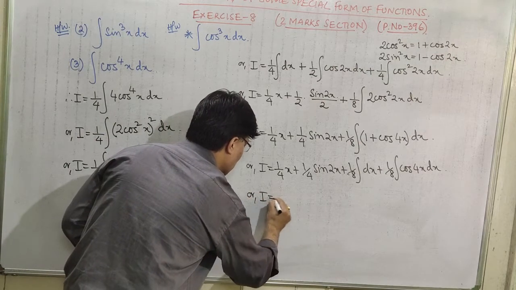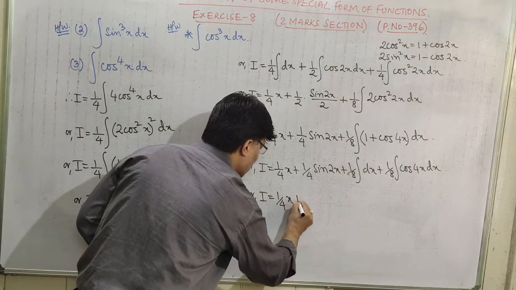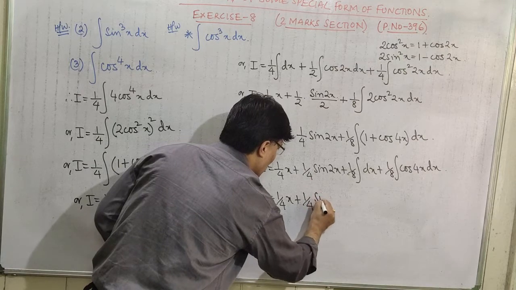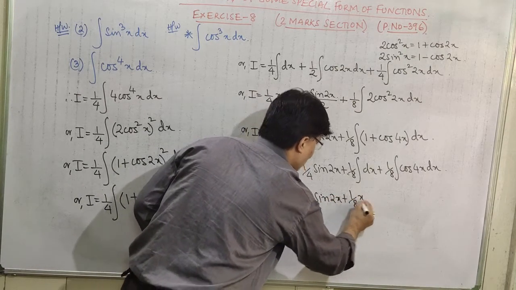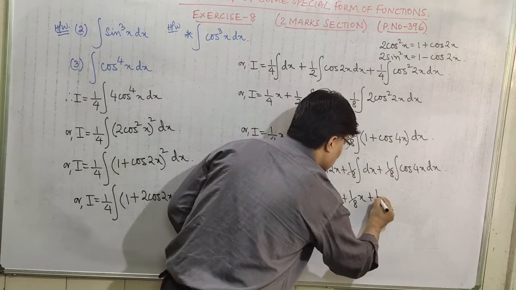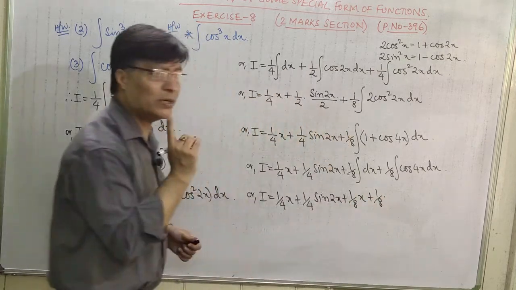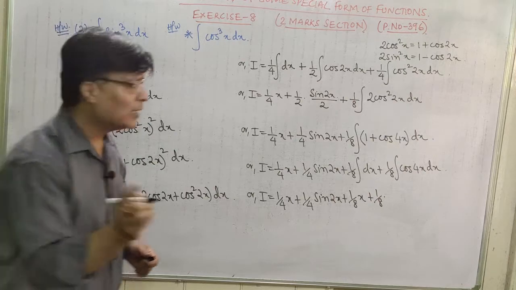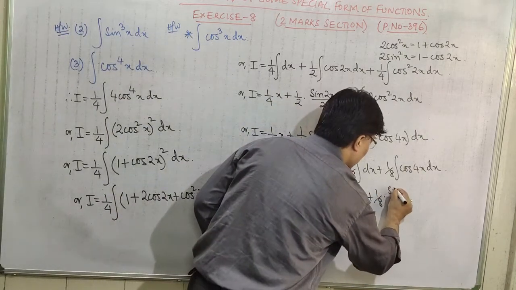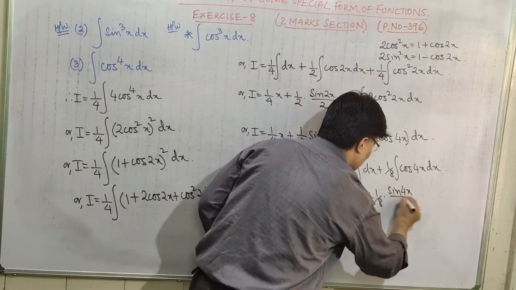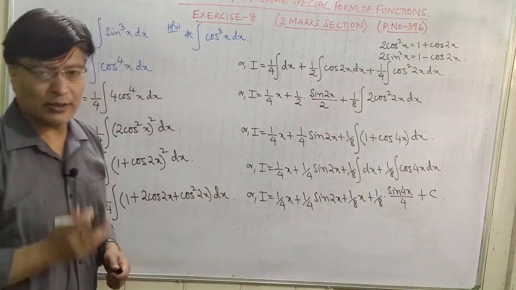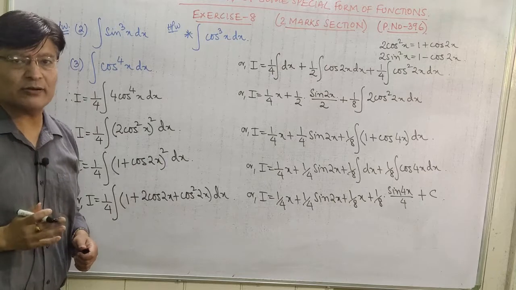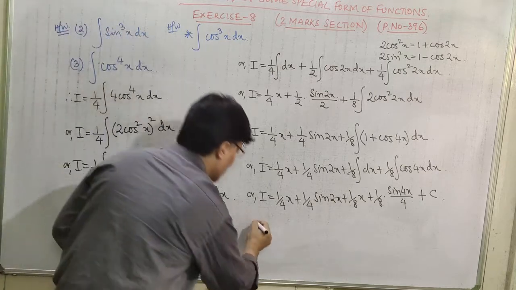I is equal to 1/4 x plus 1/4 sine 2x plus 1/8 into x plus 1/8 into, what is integration of cos 4x? That is sine 4x divided by 4. Since we have finished integration, you have to write plus c as a constant of integration.